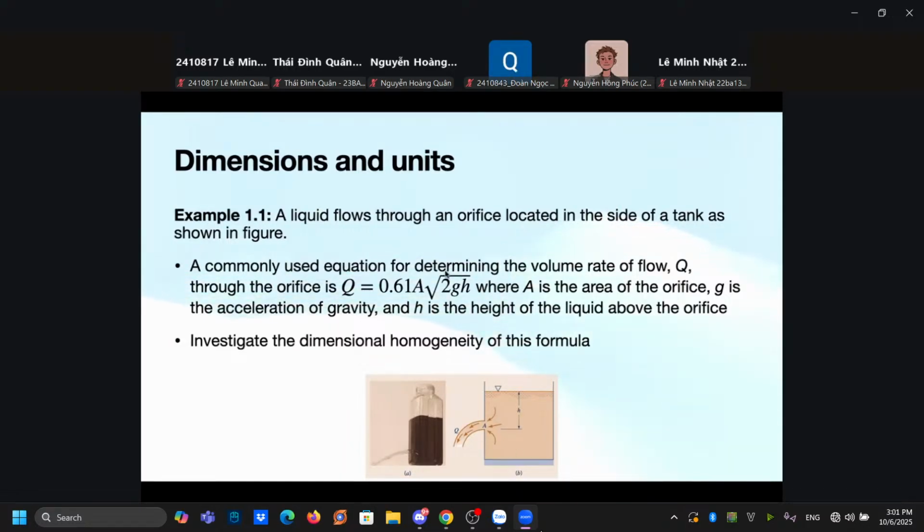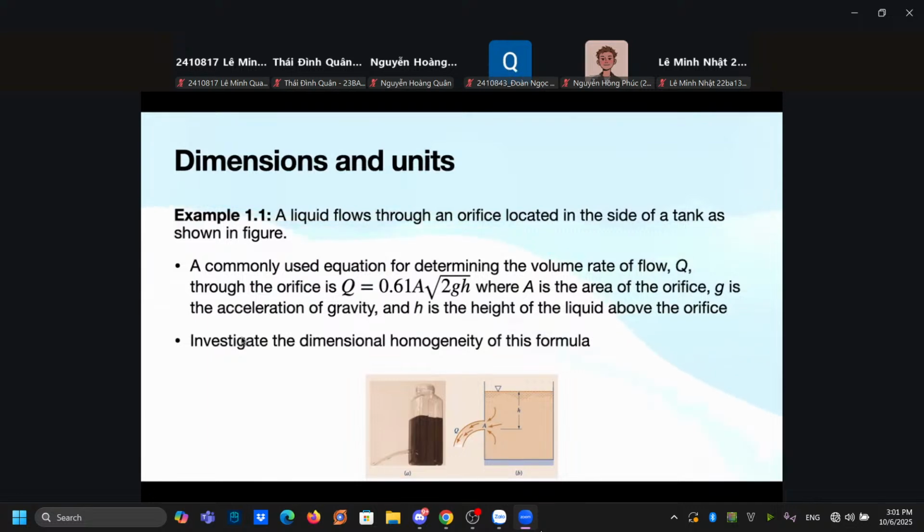A commonly used equation for determining the volume flow rate Q through the orifice is given by Q equals 0.61 multiplied by A multiplied by the square root of 2GH, where A is the area of the orifice, G is the acceleration of gravity, and H is the height of the liquid above the orifice.